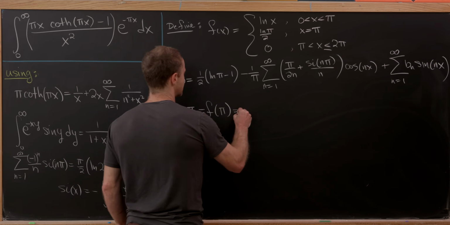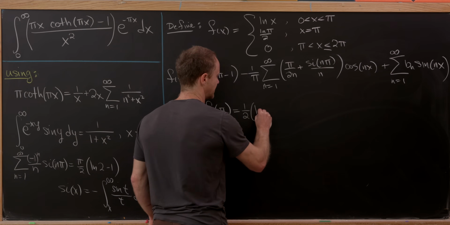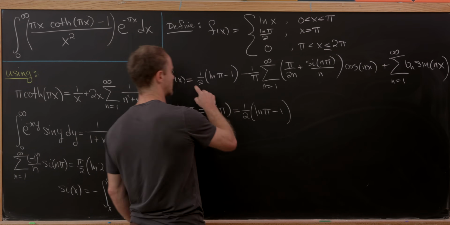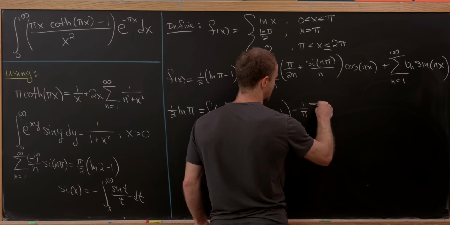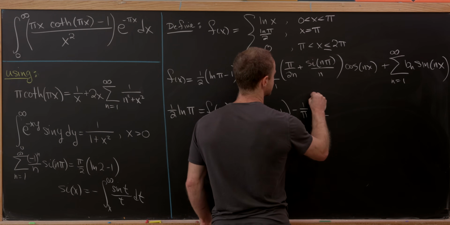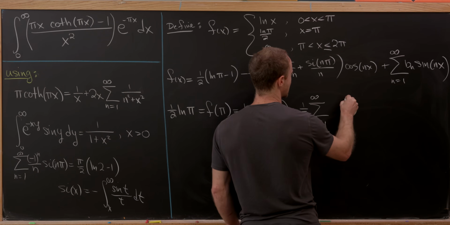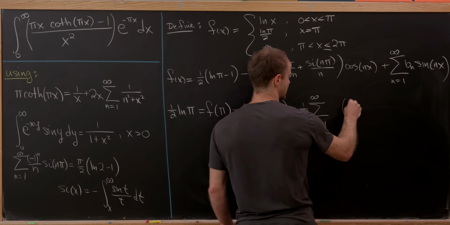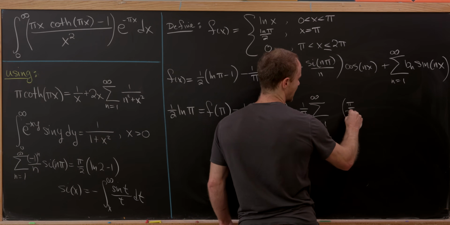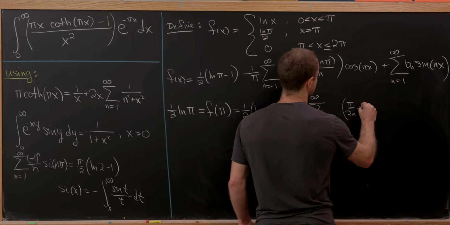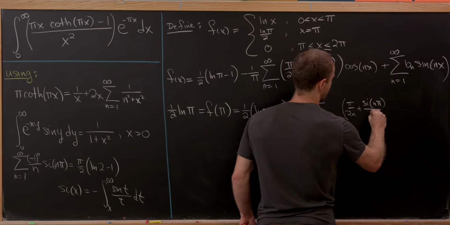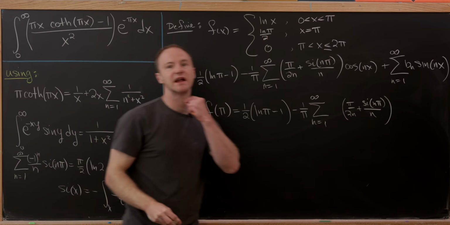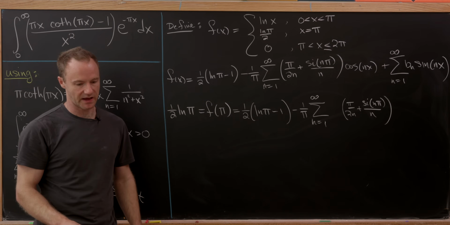So let's see. That'll leave us with 1/2 natural log of pi minus 1 for this term, and then minus 1 over pi times the sum as n goes from 1 to infinity of, well, we've got a bunch of terms without an x, so let's write those down. So pi over 2n plus si of n pi over n, and then cosine of n times pi.